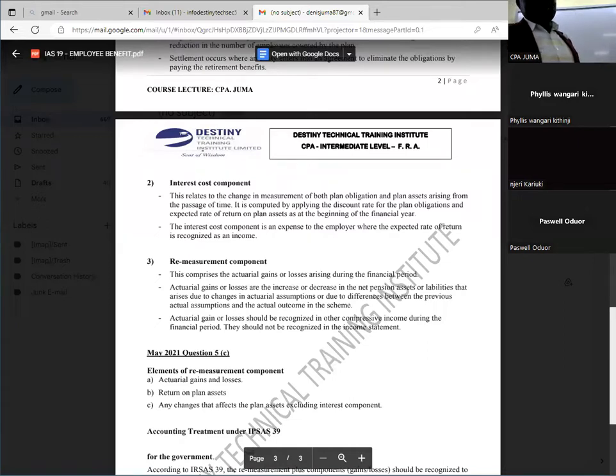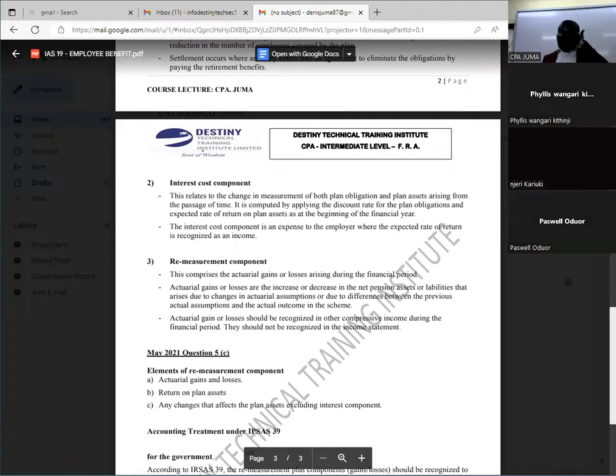It is computed by applying the discount rate for the plan obligation and expected rate of return on plan assets at the beginning of the financial year. The interest cost component is an expense to the employer, where the expected rate of return is recognized as income.